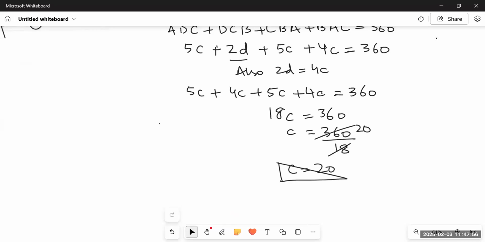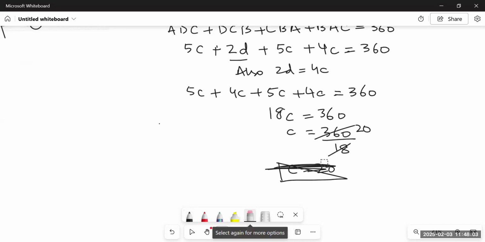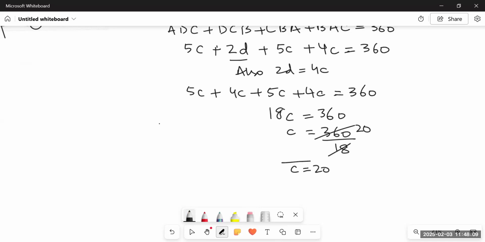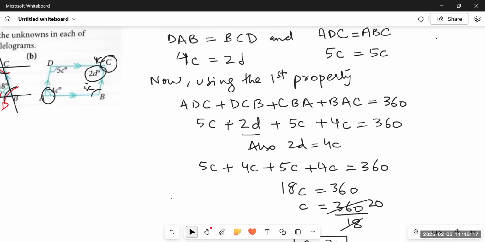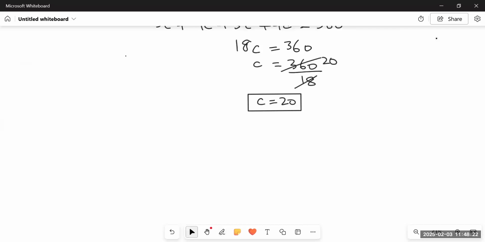And now we have to find out the value of D. Okay. Now we have to find out the value of 2D. And we know 4C is equals to 2D. Or we can say that 2D is equals to 4C.